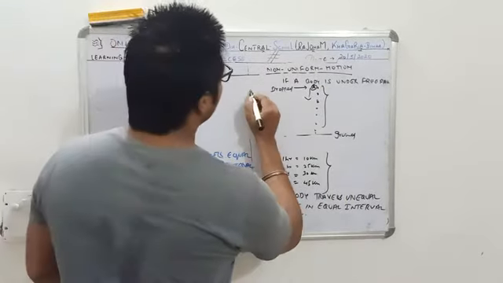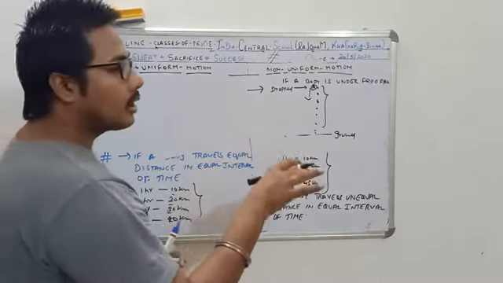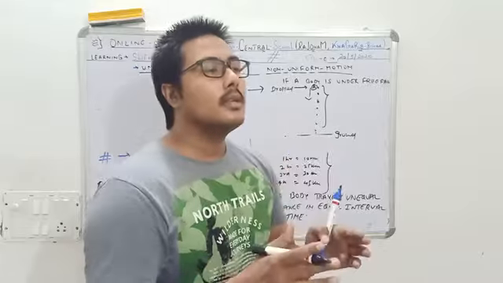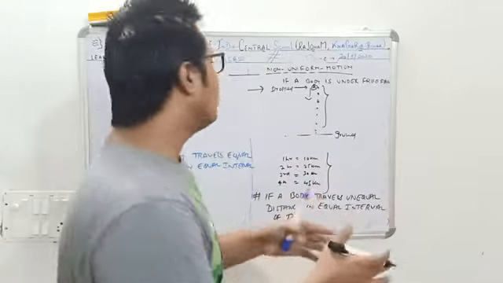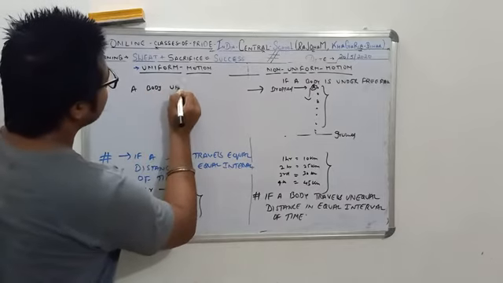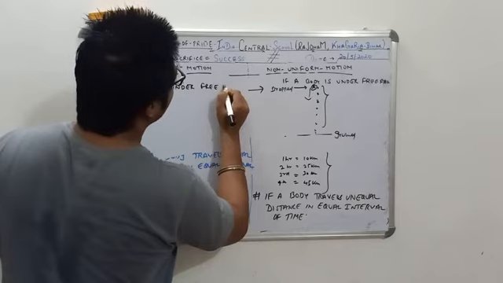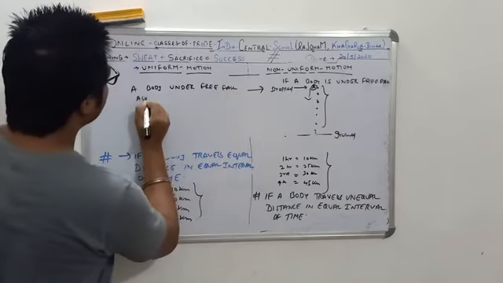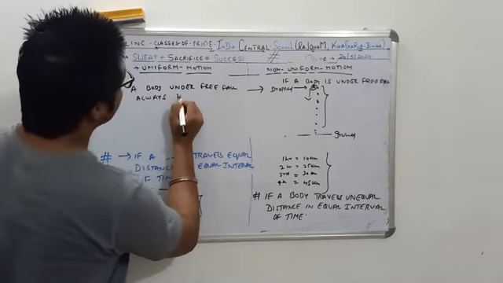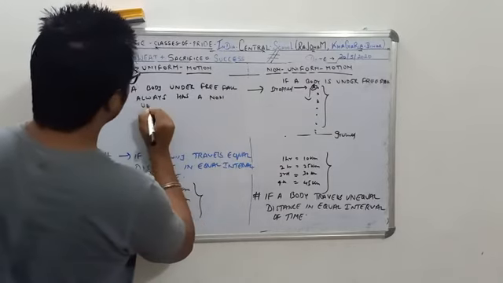You need to learn that when a body is made to fall under free fall condition, it always has a non-uniform motion. A body under free fall always has a non-uniform motion.